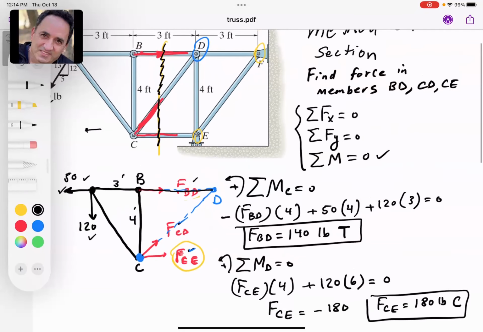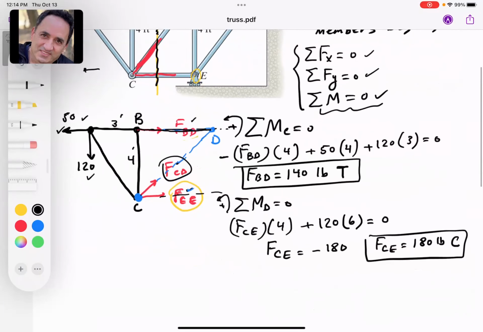And then guys, look, you don't have to always use the moment equation, right? You can use the other two equations. If you want to follow the concept of moment here, well, this is the only one that is left, FCD. But you see, you cannot find a point where these two guys, CE and BD, intersect, because they're parallel.